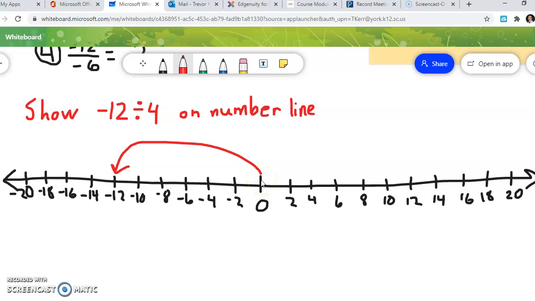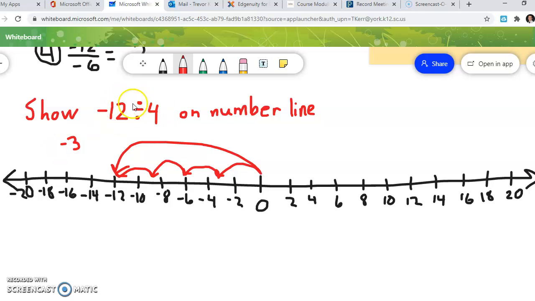So if I count by 3's, I'm going to get 1 jump, 2 jumps, 3 jumps, 4 jumps, and that works perfectly for me. So whenever I divide by 4 here, each one of these little jumps is negative 3. So I ended up here at negative 3, then I ended up here at negative 6, then I end up here at negative 9, then I end up there at negative 12. So the answer would be negative 12 divided by 4 is negative 3.